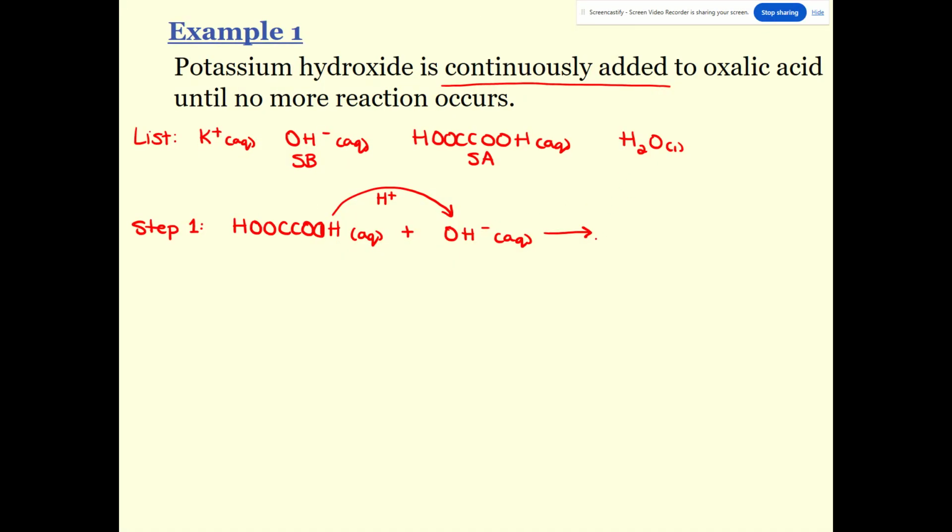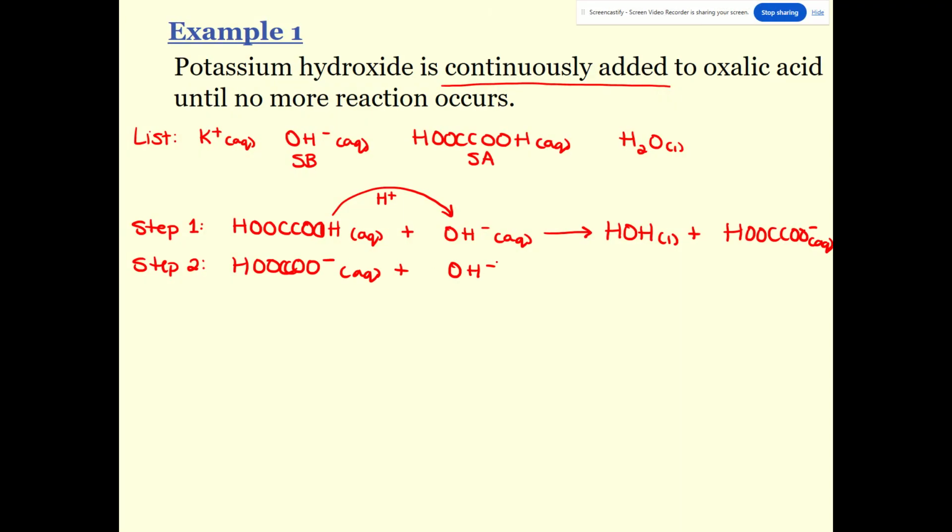So when I do that, I'll form 1 HOH and HOOCCOO minus 1. It still has another donatable hydrogen. So it's going to react in a second step, HOOCCOO negative 1 with a second OH.